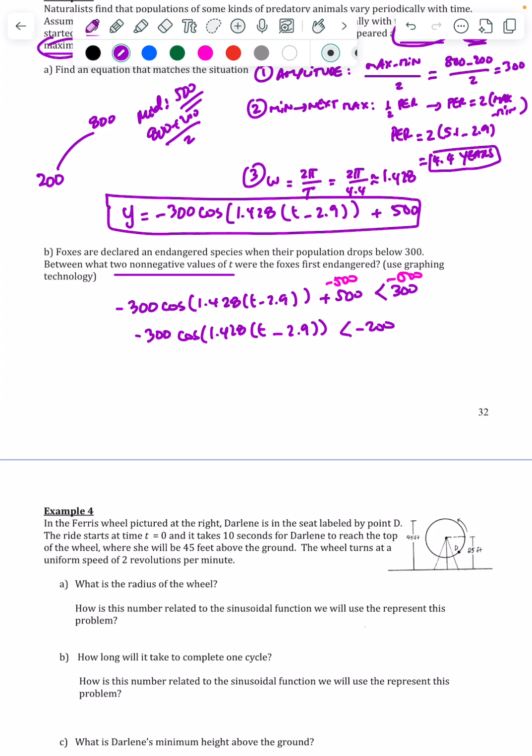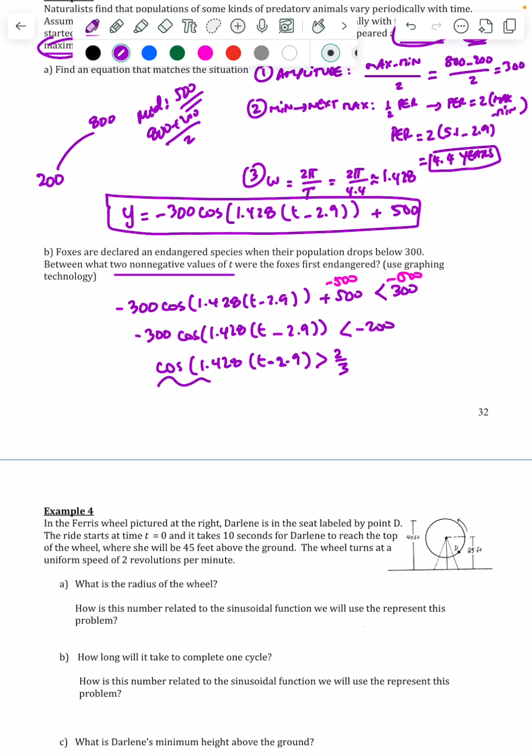And then by dividing by negative 300, you're going to get cosine of 1.428 times t minus 2.9 is greater than 2/3.